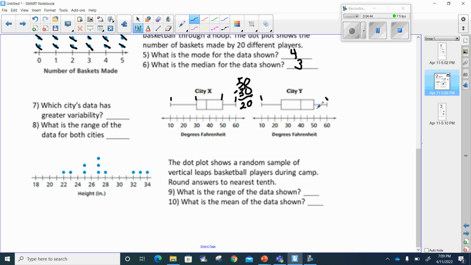Next, over here, our interquartile range is 50 minus 25, which is 25.